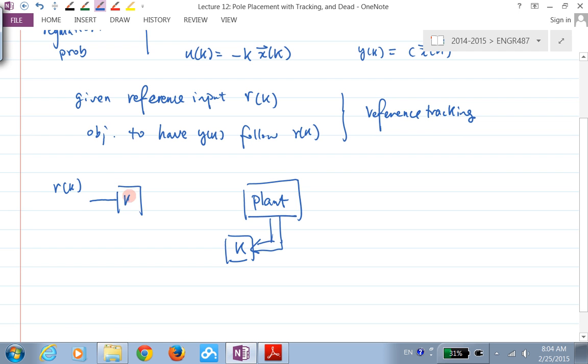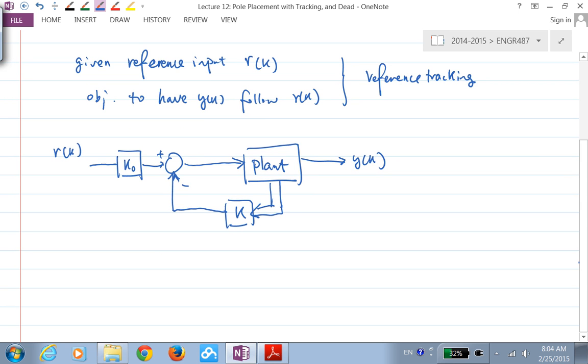We're going to multiply the reference input with a constant value K naught. Then we have the junction here, positive here and negative over here. So the negative sign is the negative feedback. Then give it to the plant, and the plant output here is y of k. So this is the implementation of the tracking problem, and we'll see whether this works or not.